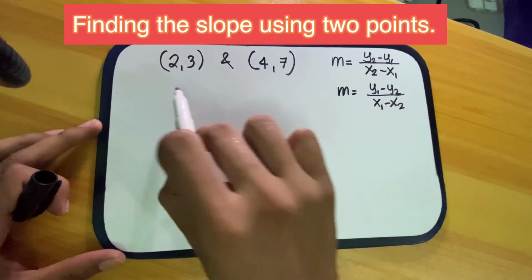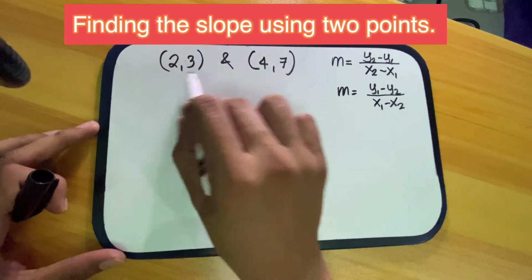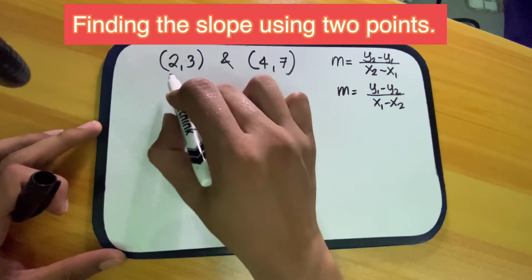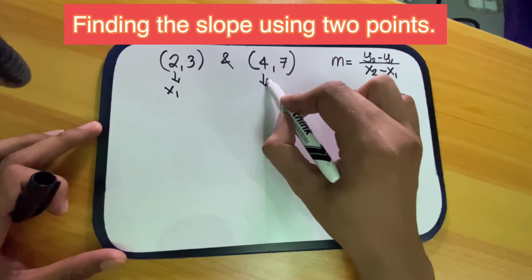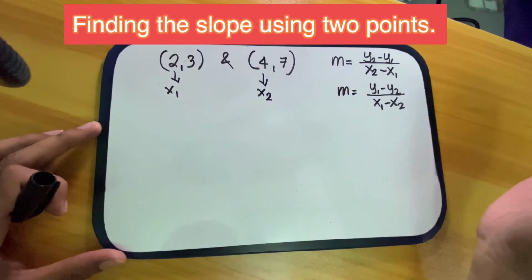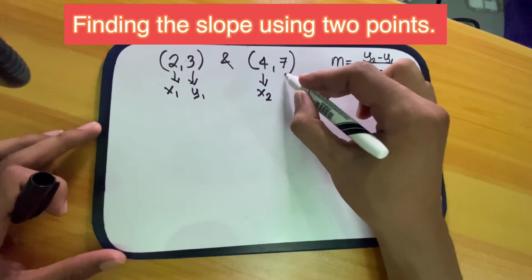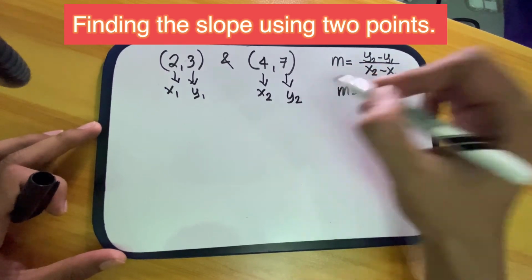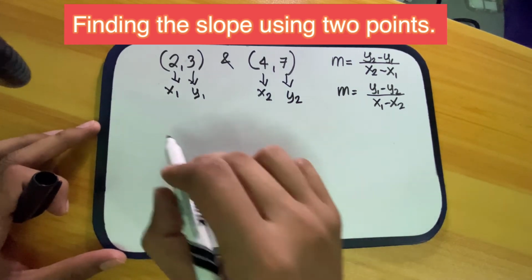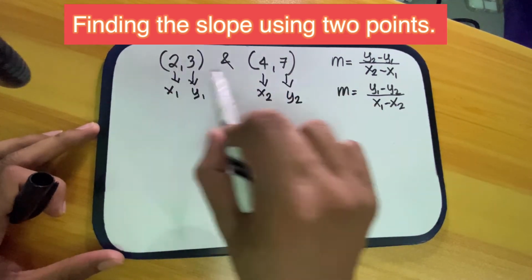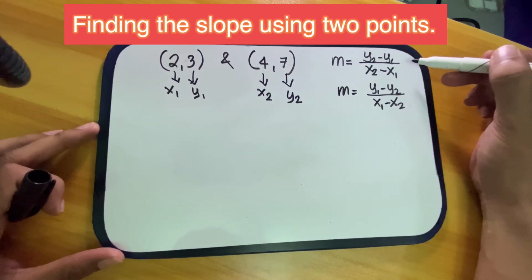Here we have (2, 3) and (4, 7). The first thing to do is label these coordinates. Your 2 is your x sub 1, your 4 is your x sub 2, your 3 is your y sub 1, and your 7 is your y sub 2. Next, substitute all these values into the formula. I will choose formula number 1.